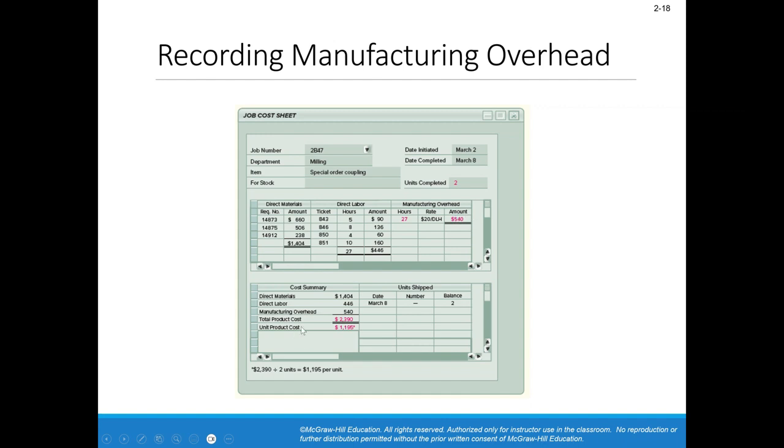So this is going to cost us 1,404 in direct materials, 446 in direct labor, and 540 in manufacturing overhead. So we made two of these. The total is 2,390. So each one of these is going to cost us $1,195 each. And so that's how we determine our cost.